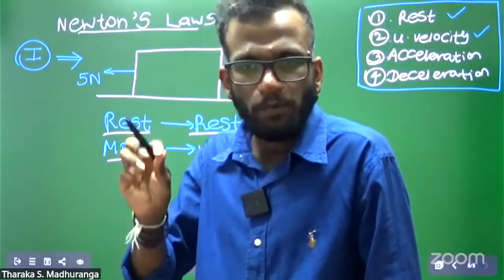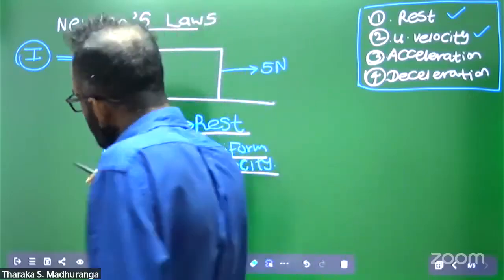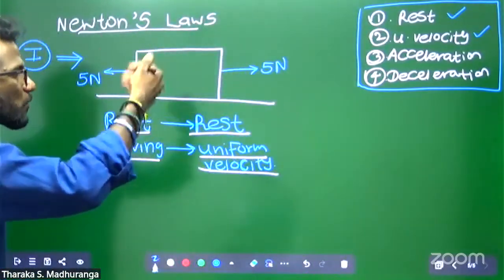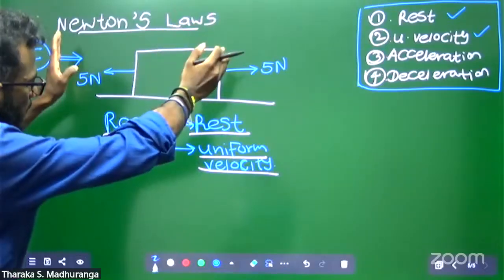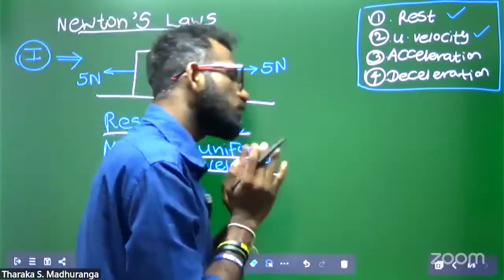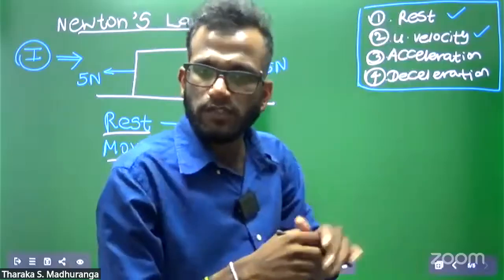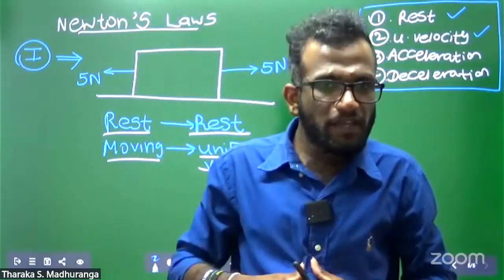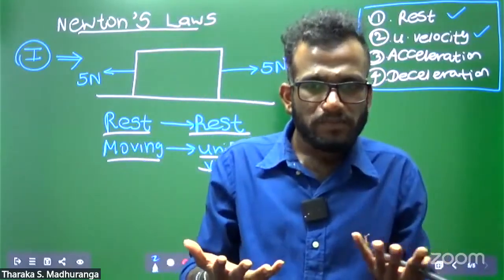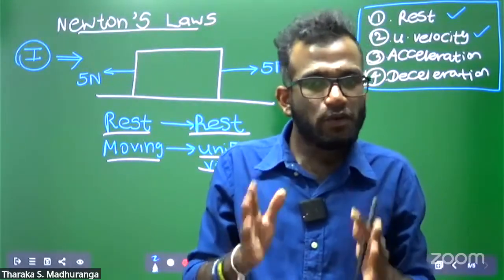Yes, a very important point I explained. What is Newton's first law we called? If there are no unbalanced forces, rest objects rest and moving objects move with uniform velocity. Then if I consider rest or uniform velocity objects, can we decide there is no unbalanced force? Are you got it?